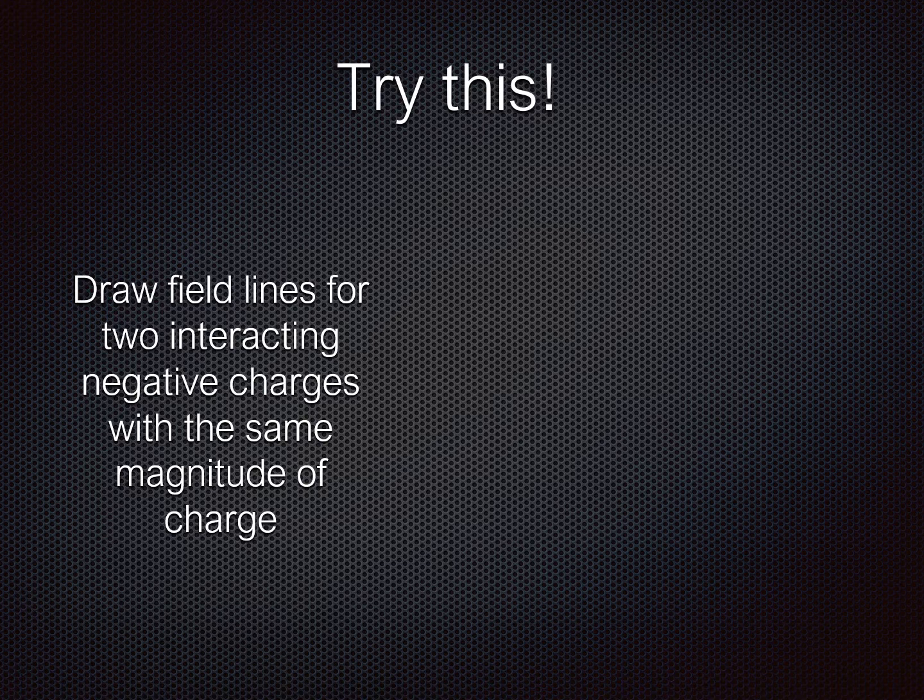Except if you remember what a single positive charge looked like versus a single negative charge, they have the same shape, just the field lines are pointing in the opposite direction. So I wonder if you might see something similar for having two negative charges compared to two positive charges.